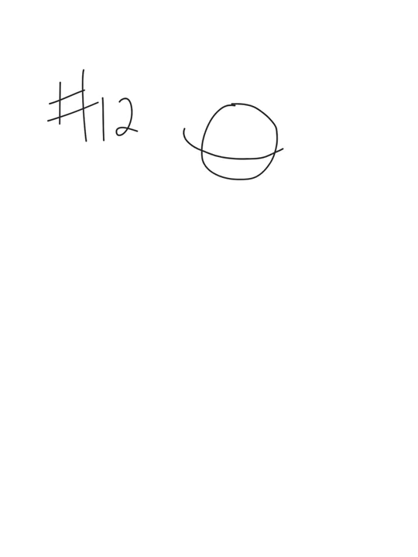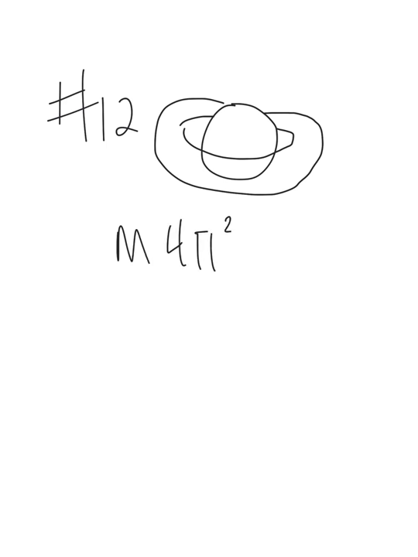All right. Moving on to number 10, we started those in class. On number 12, and here's Saturn, and we'll kind of draw in its rings just because we are cool. And you're going to start with that. Mass 4 pi squared R cubed equals big G. No, I'm sorry.